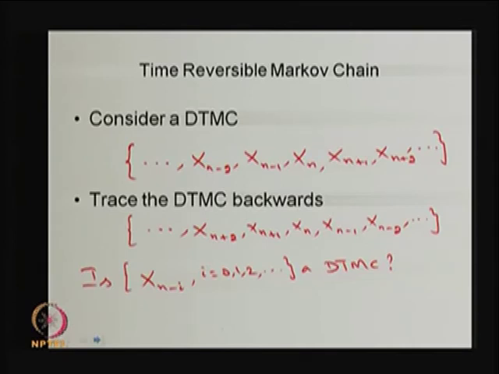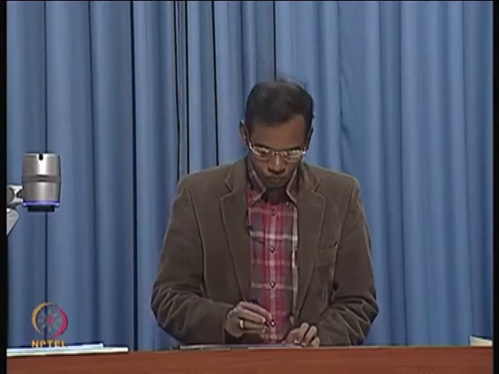If you see the backward DTMC, that also satisfies the Markov property. In the given situation, the future depends only on the present, not the past history, that is the Markov property. The same thing is going to be satisfied in the reverse also. The Markov property is satisfied by the reverse, the backward DTMC. Therefore, this is also going to be a time homogeneous discrete time Markov chain.